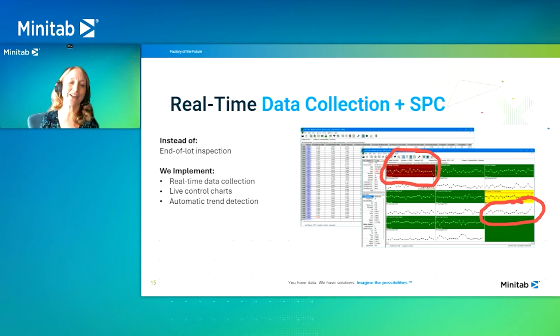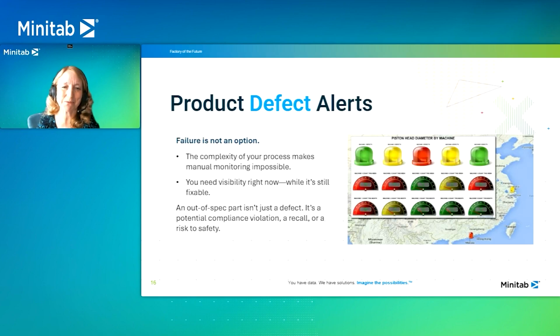We'll see when our variation has exceeded what it should be, and we'll be able to detect those trends and catch things as things are changing with nice red, green, yellow alerts. We can also see here we're looking at a specific measurement by machine with an automatic alert, hey, we need to see what's going on right here, because this is going to cause a problem at the end of the line.